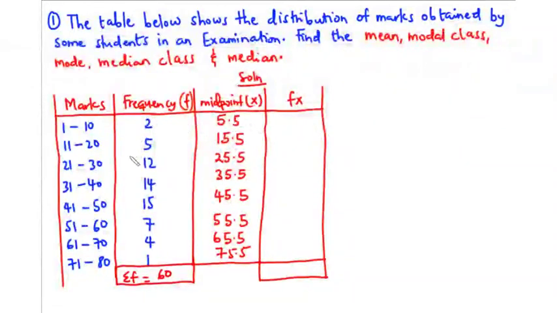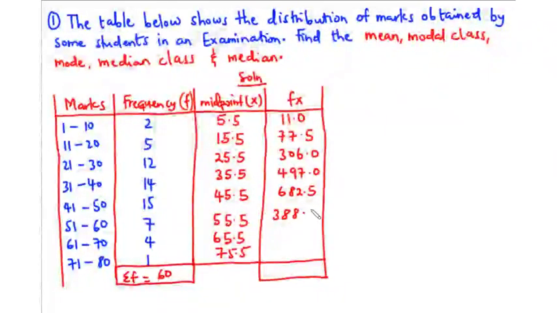Basically we are going to multiply the f values by the x values. 2 times 5.5 is 11.0. 5 times 15.5 is 77.5. 12 times 25.5 is 306.0. 14 times 35.5 is 497.0. 15 times 45.5 is 682.5. 7 times 55.5 is 388.5. 4 times 65.5 is 262.0, and then 1 times 75.5 is 75.5.